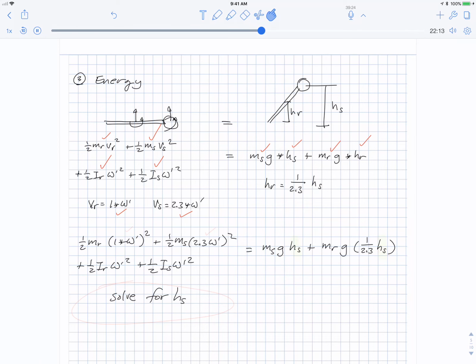If you look at the similar triangles, you can see that the height of the rod is 1 over 2.3 times the height of the sphere, because the radius to the rod is 1 and the radius to the sphere is 2.3. And if you plug everything in, I've done it for you here. There's V rod, there's V sphere. You can put a number in on the left-hand side here. And the only unknown on the right-hand side is now the height of the sphere. And you can solve this for the height of the sphere.